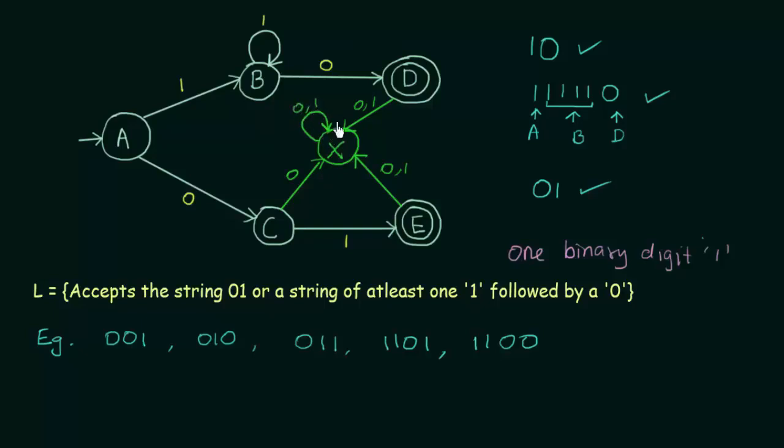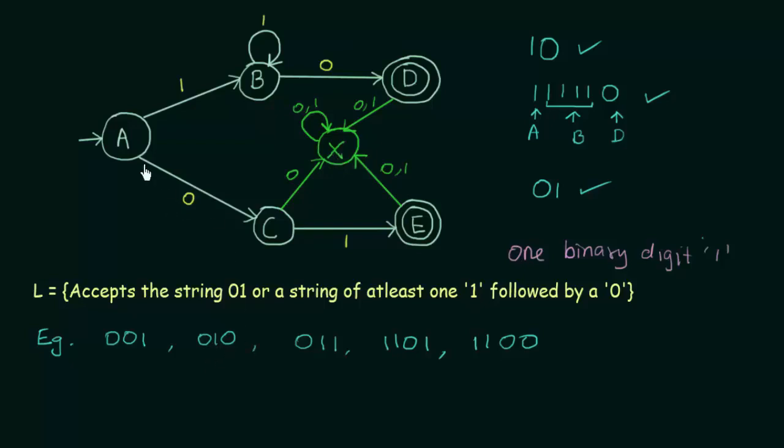So 0, 0, 1, 0, 0, and in X we get 1, so it stays in X itself. This dead state is not a terminating state, meaning it is not a final state. So whatever comes in this dead state is a non-accepting state, meaning those strings will not be accepted.